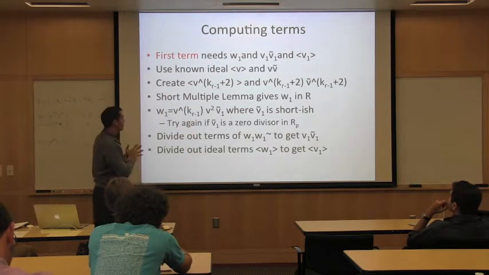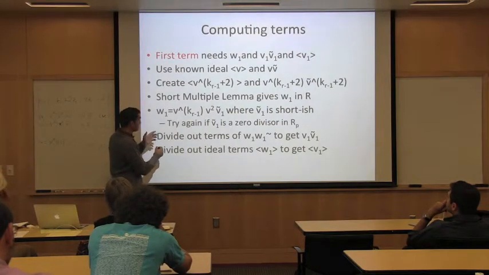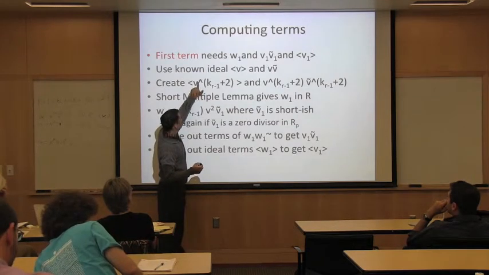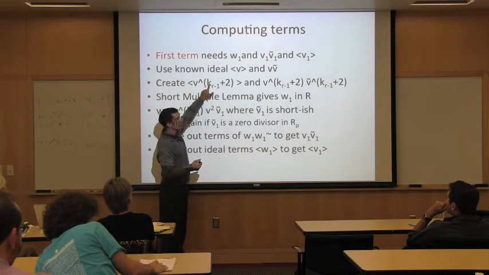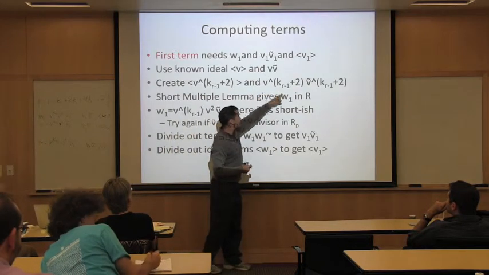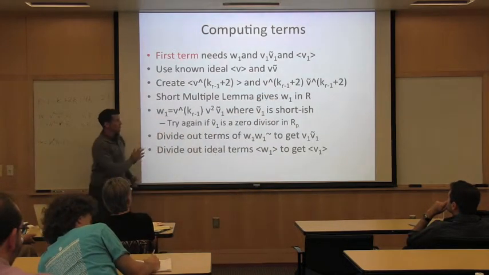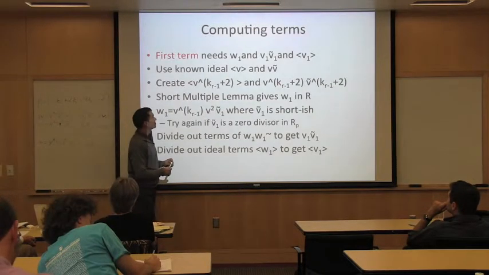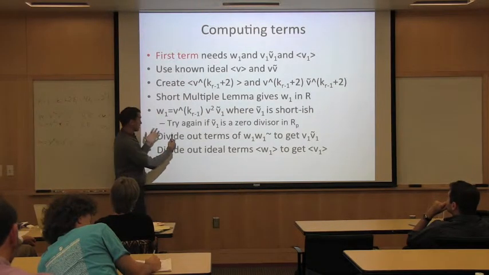And now we're going to use these things, because what we have is this ideal, which is principally generated by v to this power, and you've got the norm of that element. So we can use that short multiple lemma involving lattice reduction to give a multiple, let's call it W1.